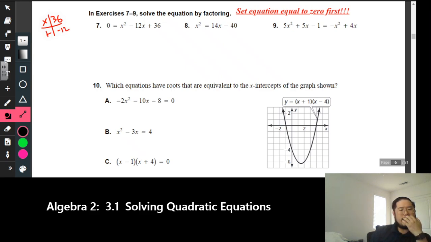All right, so that's what you have to figure out next. And hopefully you got what I have right there. Negative 6 times negative 6 is positive 36. Negative 6 plus negative 6 is negative 12.